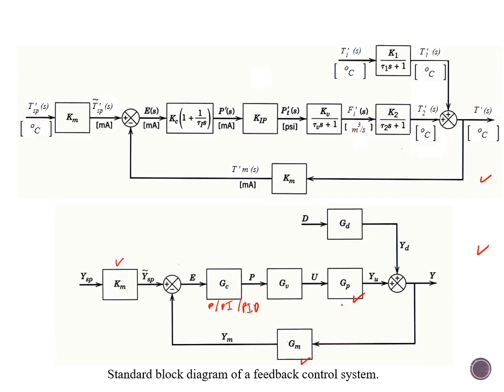GV represents the transfer function for the valve, and the valve then sends the information to the process. GD in this block diagram represents the transfer function for the disturbance. Okay, remember there is a disturbance in our system. For example, in a heat exchanger, our disturbance is the temperature of the fluid in.